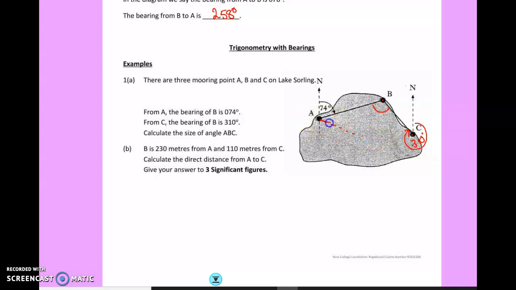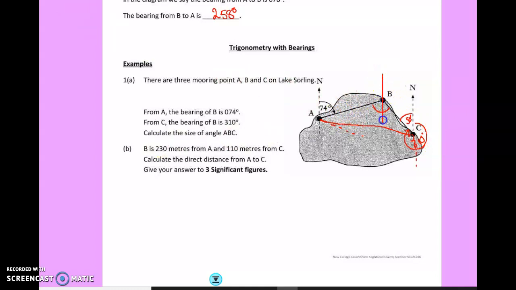So, if I make this into a triangle. If we think about this line here, a straight line there would be 180. All the way around to our line here is 310, which means this wee bit in here must be 50 degrees, because a complete turn would be 360.